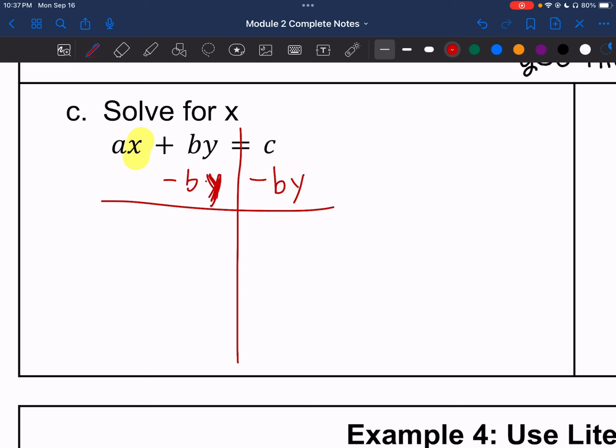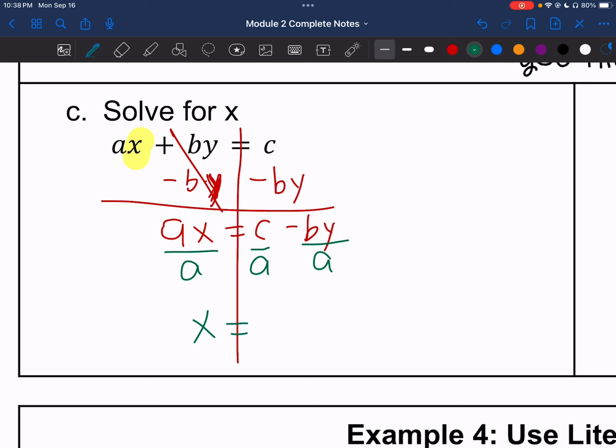And so we get that to cancel, and we have ax is equal to c minus by. My next step, we're still solving for x, so I'm going to divide both sides by a. And we get that x is equal to c over a minus by over a.